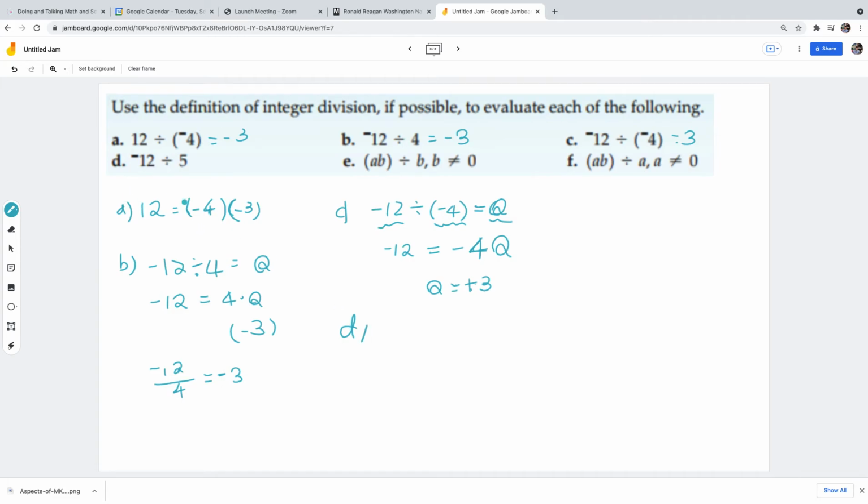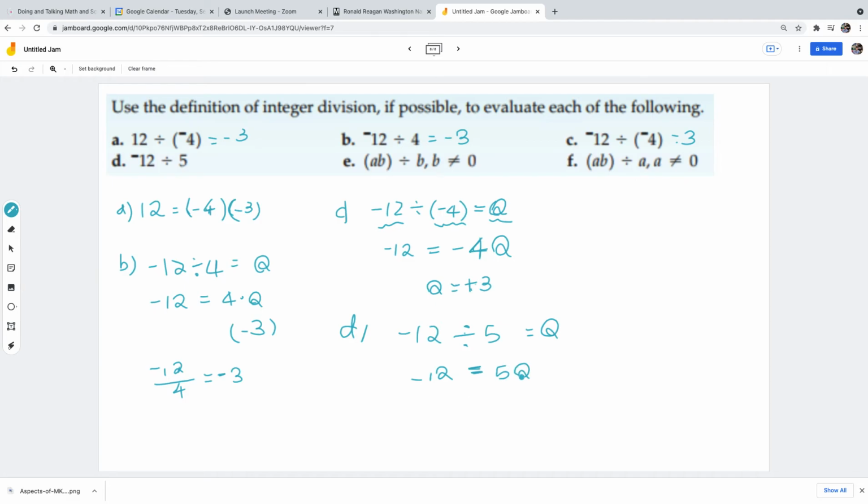So D, negative 12 divided by 5. Negative 12 divided by 5 in integer. What is that? We can say that's a q, and we are still looking for q. By the definition of division, the dividend negative 12 is divisor times quotient. 5 times what makes negative 12?